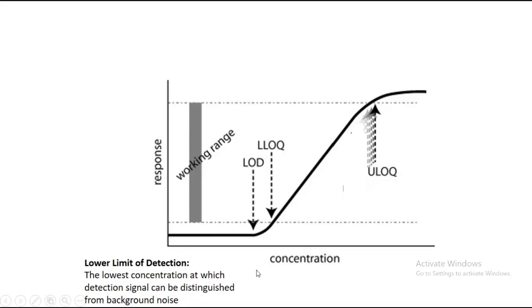And it's the lowest concentration at which the detection signal can be distinguished from background noise. So if you add your sample and it has an absorbance of anything here or lower, you can't rely on the value that you get, because actually it's too similar to the background.